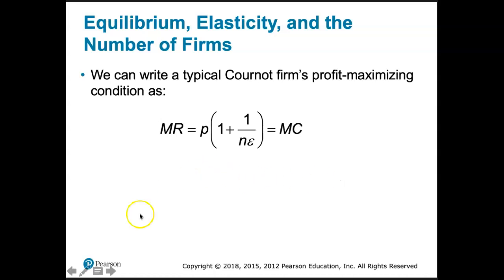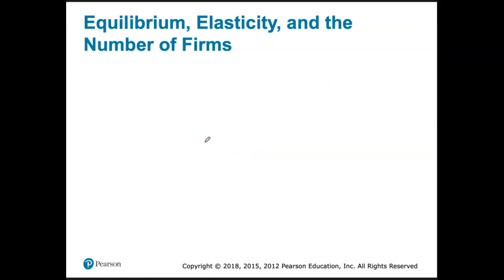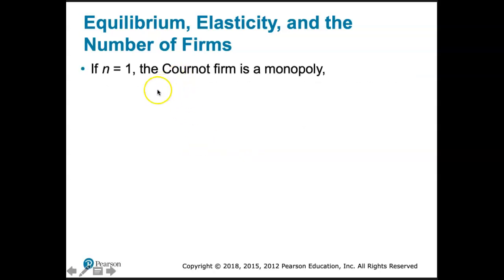So in a way, we link MR to the number of firms in the market, to the elasticity, and also to price, just as we did in chapter 11. From that equation, if N equals 1, the Cournot firm is basically a monopoly and faces the same profit maximizing condition we had in chapter 11.